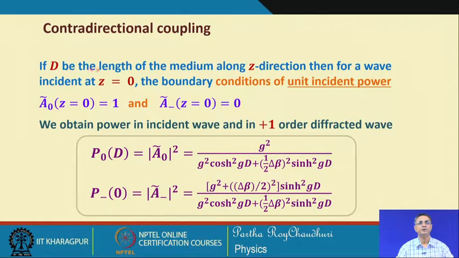If d is the length of the medium, that is, the width of the acoustic wave propagation through which this optical beam travels, and we apply the unit amplitude condition here as well, then the power in the initial incident beam will be represented by this as a function of d, and the power in the diffracted beam as a function of this should also be 0.